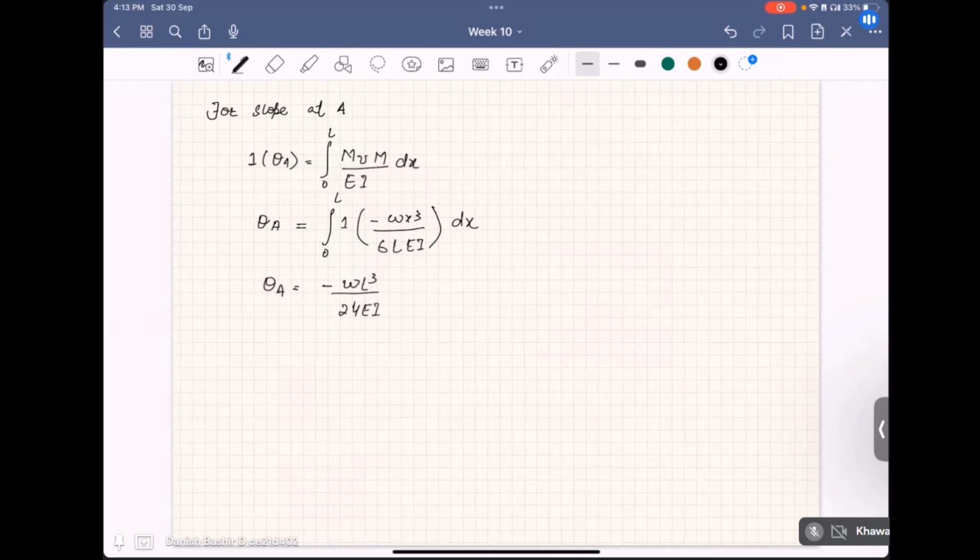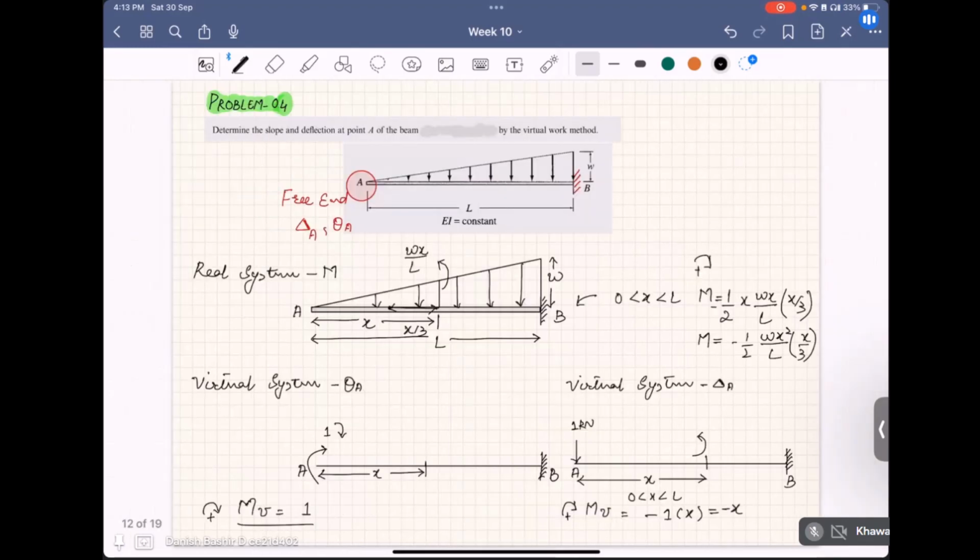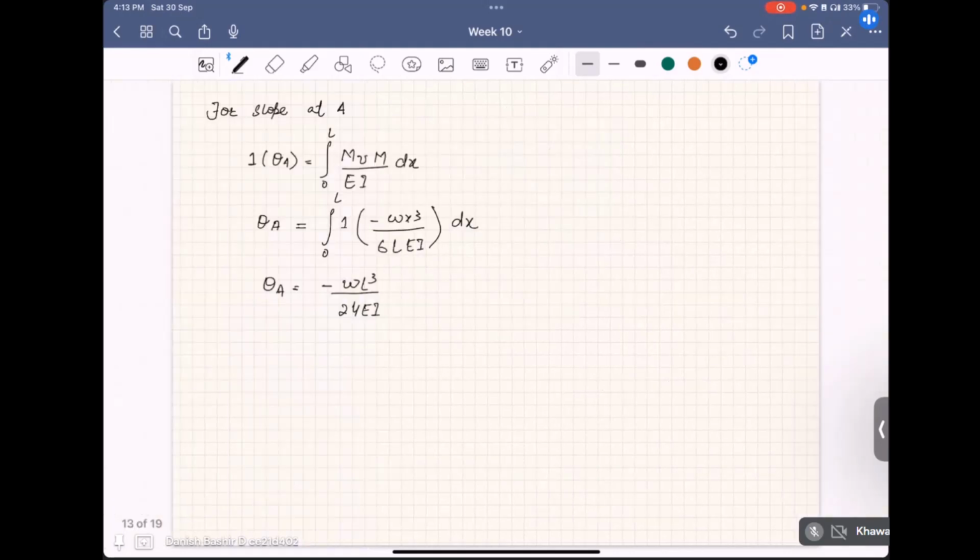Since this is coming out to be negative, our assumed direction is wrong. The actual direction is this. So theta A will be in the direction opposite of the unit moment.